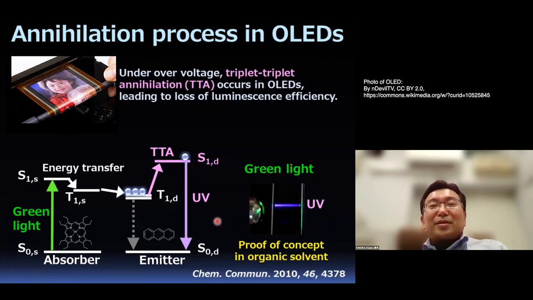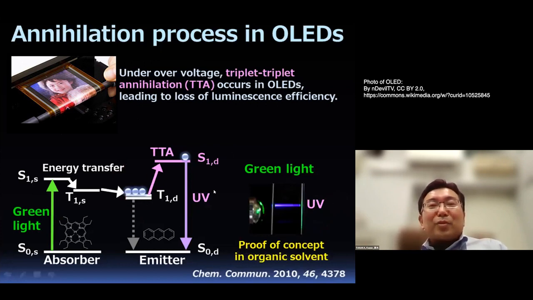In a demonstration, by adding some molecules at some concentration and irradiating green light with a laser pointer, we can observe some purple light, including the UV light. So it is a proof of concept of this scheme.